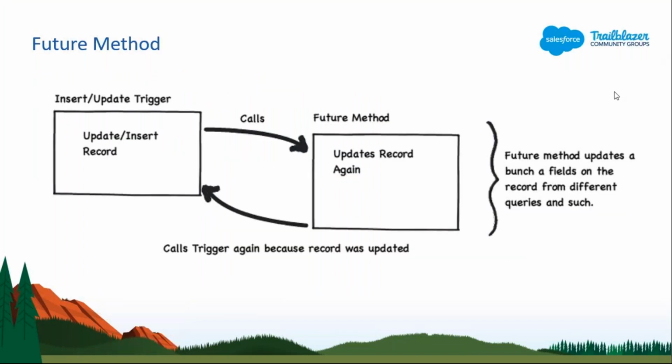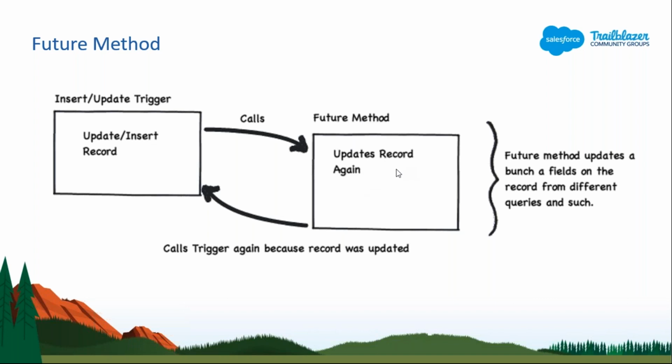Any issue with that? So here you can see that in a future method you can perform any insert or update. With a trigger also you can use this future method, but you will only be able to use it inside a class. So from the trigger you can call a class which has this future method.